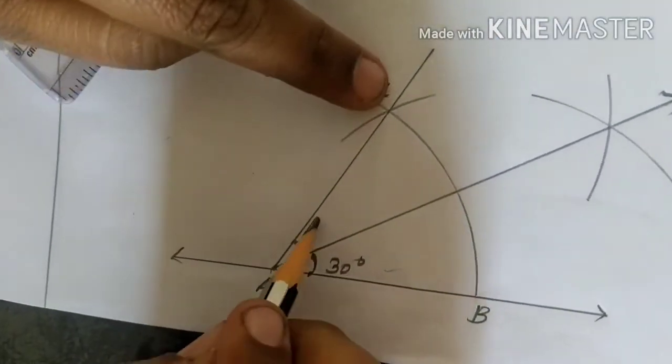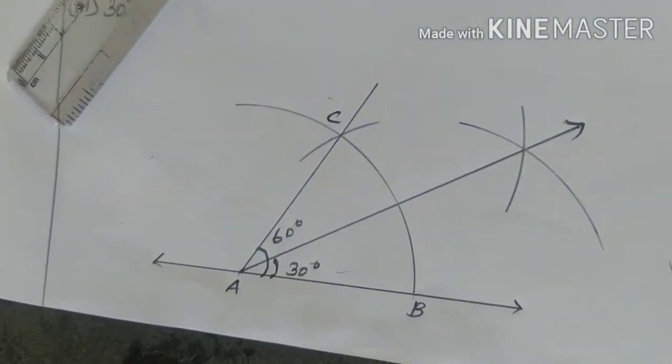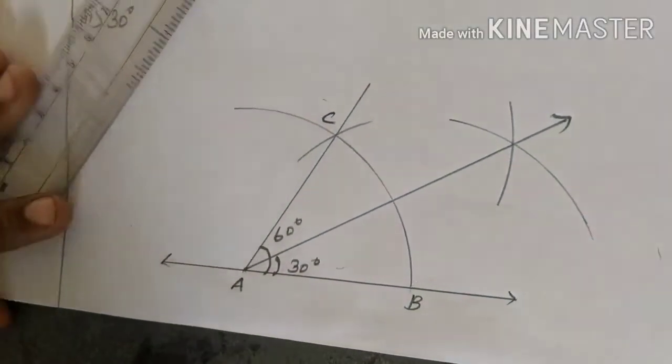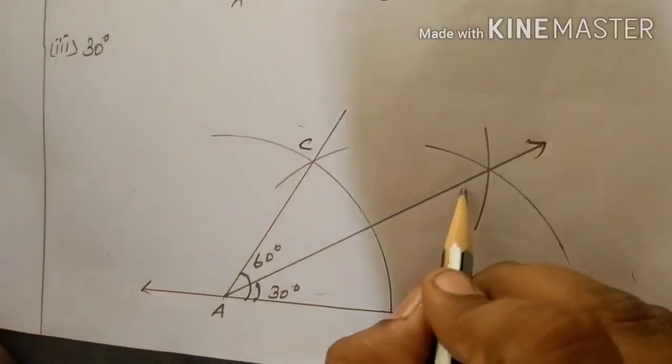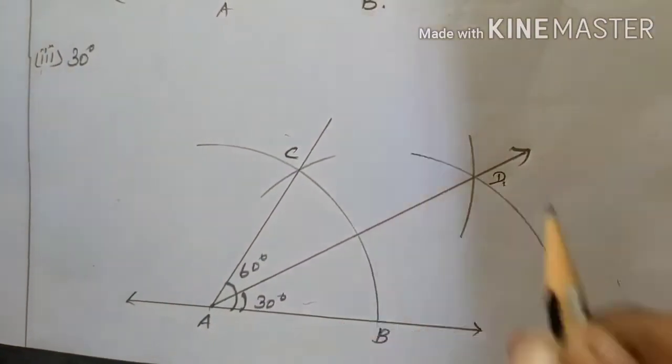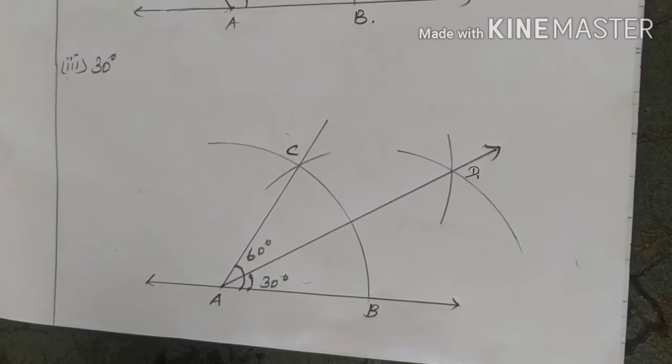This line is for the 60 degree measurement, this line is for the 30 degree measurement. If you have a doubt, just keep the compass and check it once, and you will be very clear. Now mark the point D. Have you understood up to this, children?